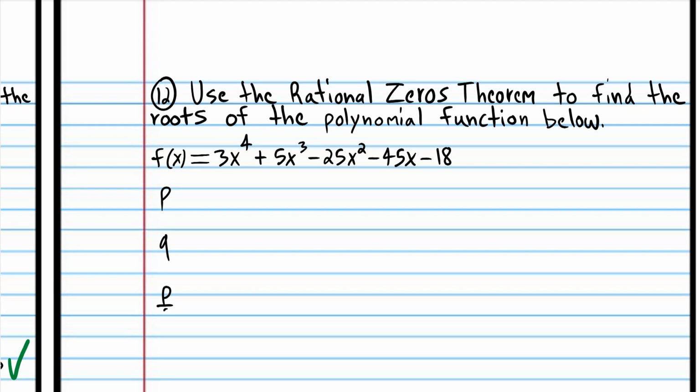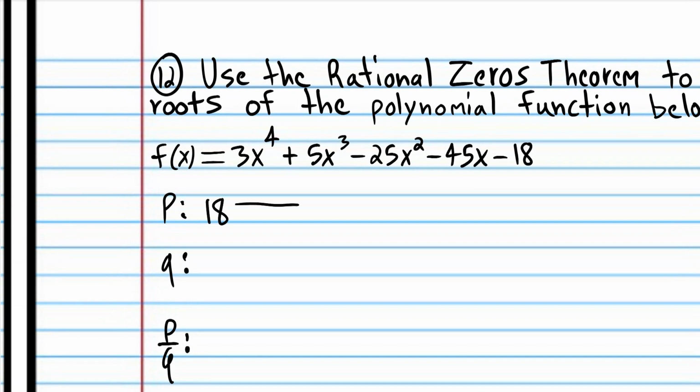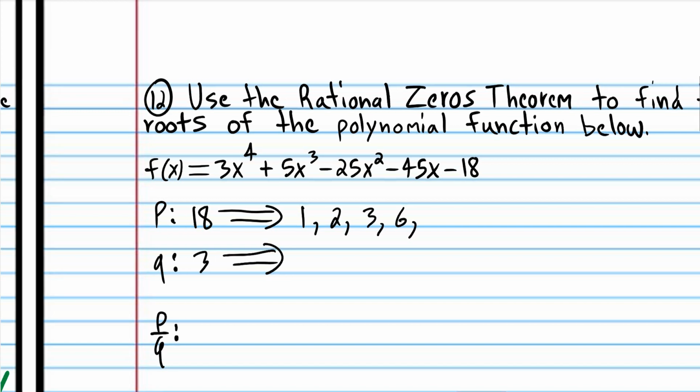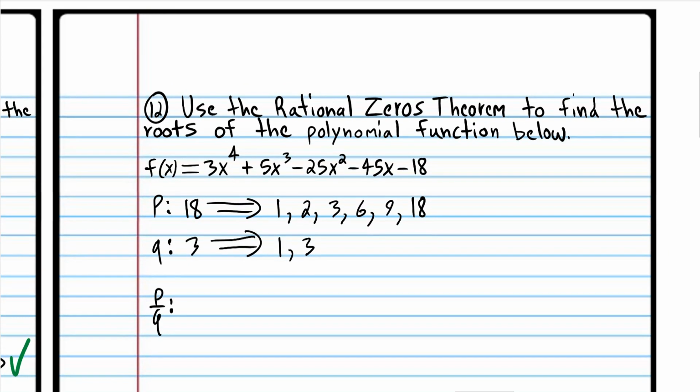All right, we're back. So P is the factors of 18, and Q is the factors of 3. So we have 1, 2, 3, 6, 9, and 18. Those are the factors of 18, and we have 1 and 3.